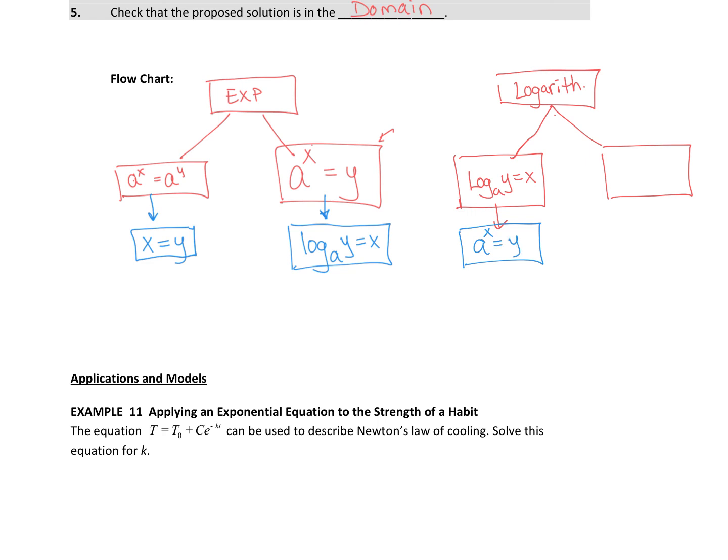The other thing that you may get is something like log of a equaling log of b, in which case you just equate the arguments and say a is equal to b. Those are the only 4 kinds, and of course we saw, for the logarithm, if you can write it as a log equal to a log, then you can apply this, but that may involve you condensing one or both sides of the equation.